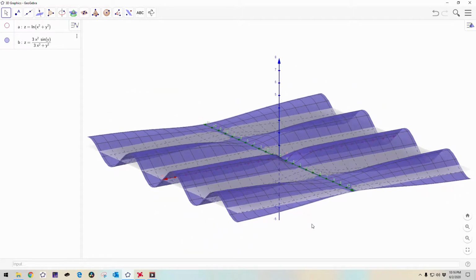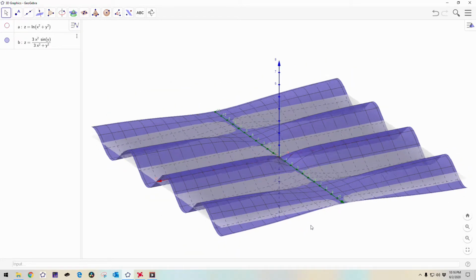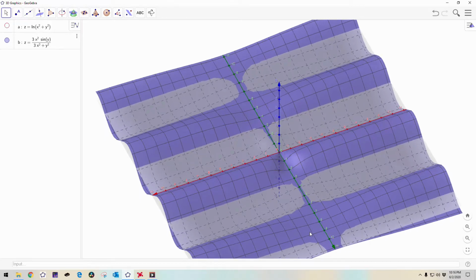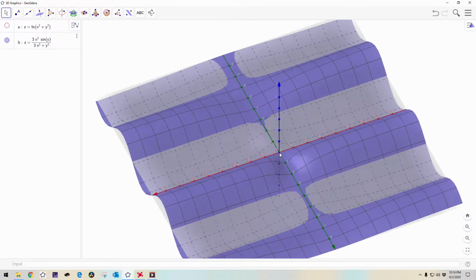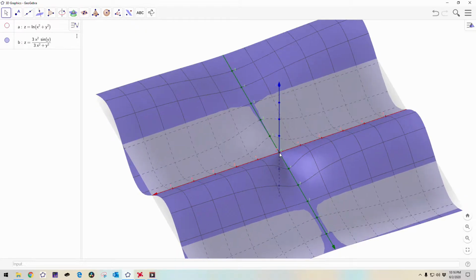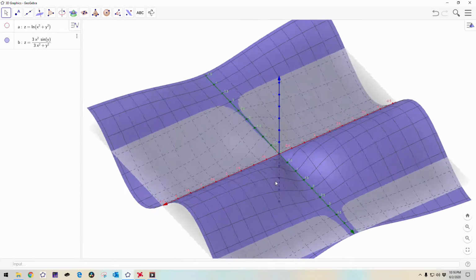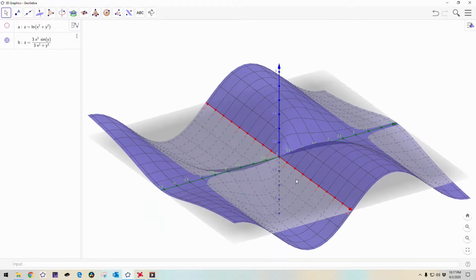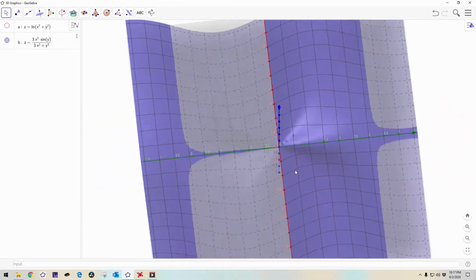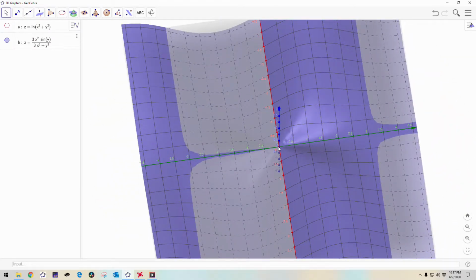We get a wrinkled sheet basically. Okay, but the point of interest was as we approach the origin 0, 0. So if I zoom in there, right, you can see that from all directions it does actually approach this point in the center.